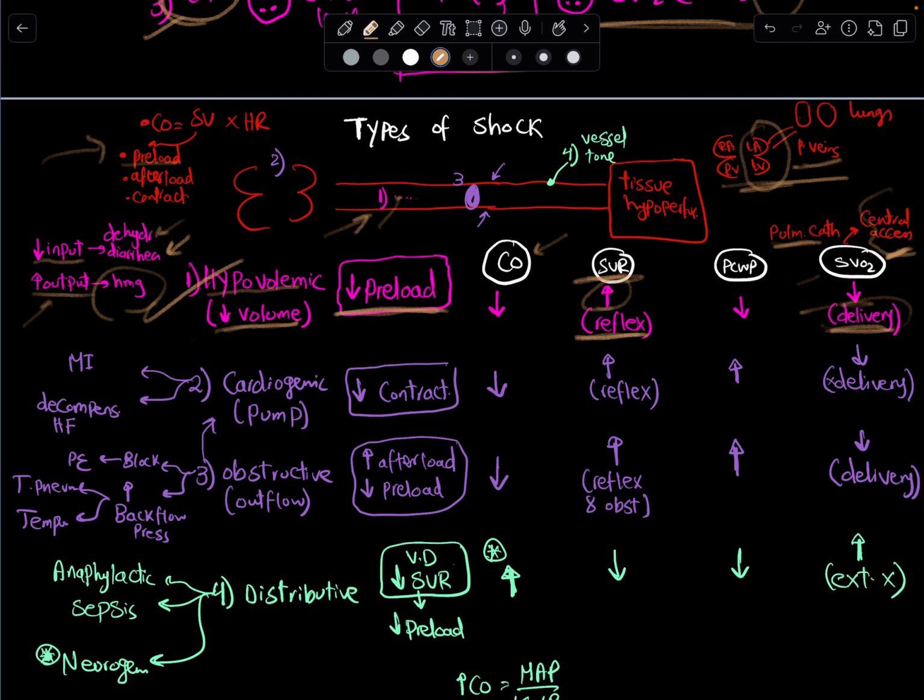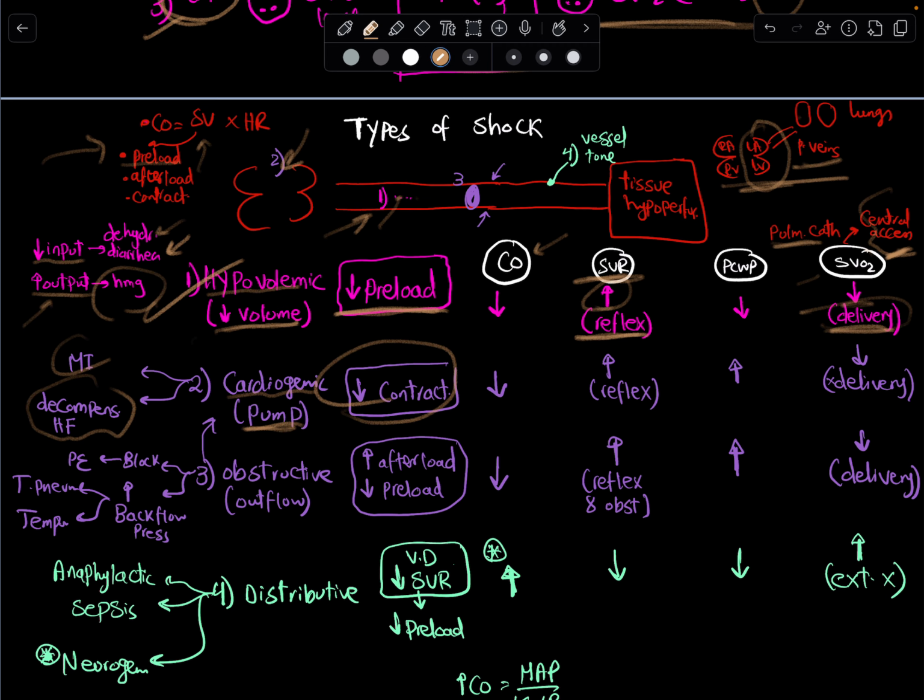The hypovolemic. The second type of shock is cardiogenic shock, which is a pump problem. Someone is having an MI, or someone has decompensated heart failure, and their heart muscle is not working, right? So here is the cardiogenic shock. You have a problem in the pump. If you have a problem in the pump, you have a decrease in the contractility, and again, you need good contractility for a good stroke volume and cardiac output.